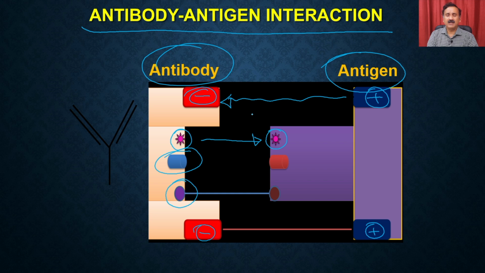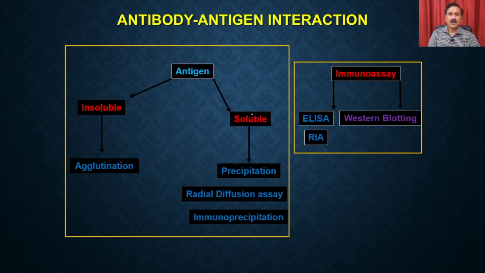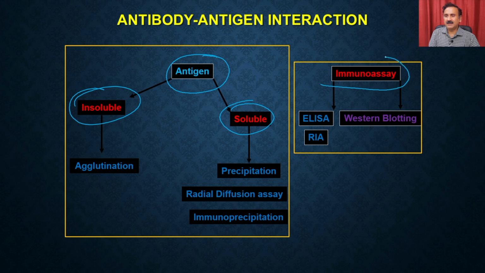What are the different reactions and assays that an antigen-antibody interaction can produce? You can have an insoluble antigen, or you can have a soluble antigen. As far as immunoassays are concerned, you can have different types of immunoassays: you can have the ELISA, the RIA, or Western blotting. In the case of antigens, the antigen can be insoluble or soluble.